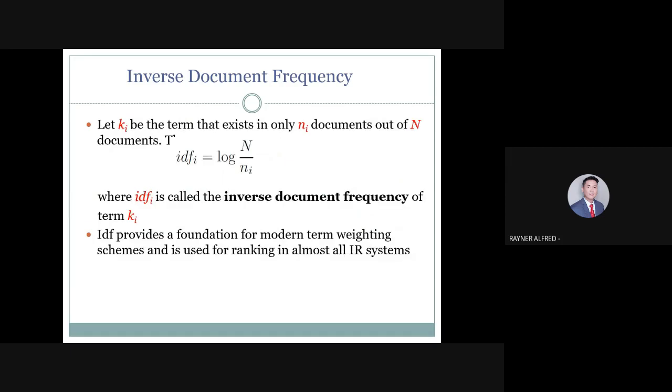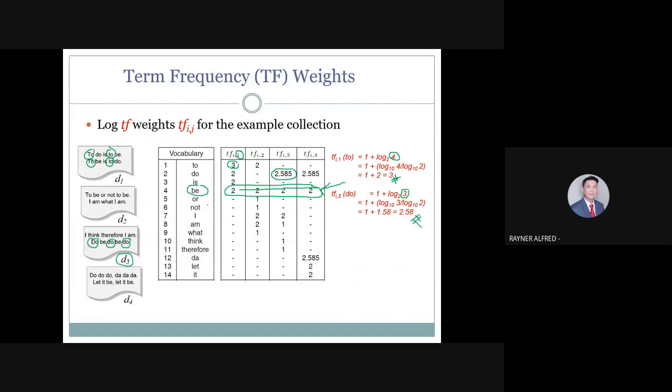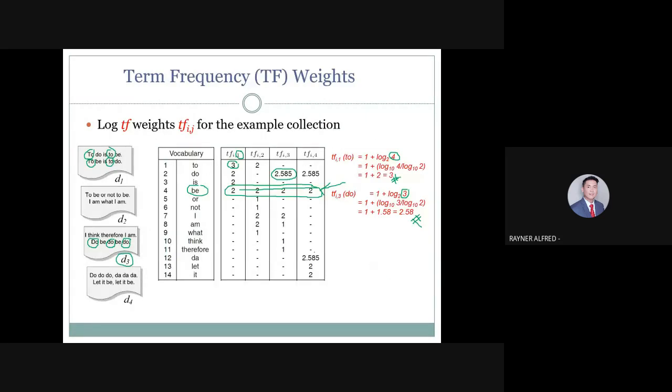The formula for IDF is this, in which let Ki be the term that exists in only Ni documents. So Ni refers to how many documents contain keyword i, and n is the total number of documents that we have. Let me write it down here.